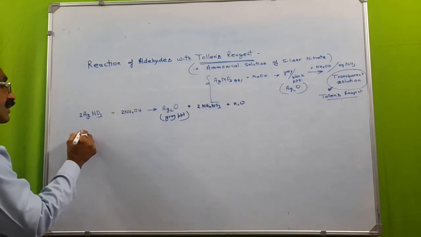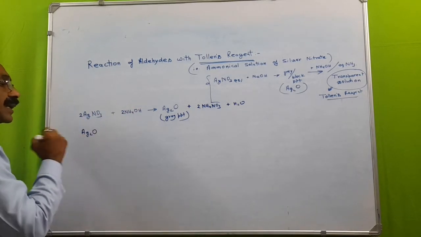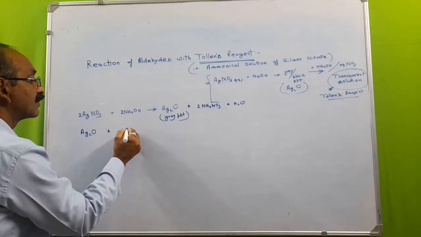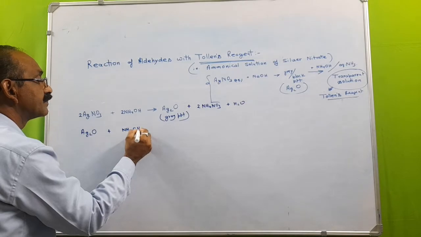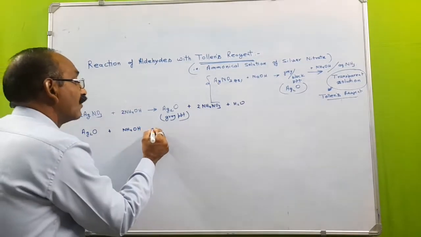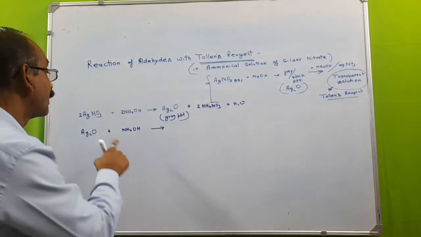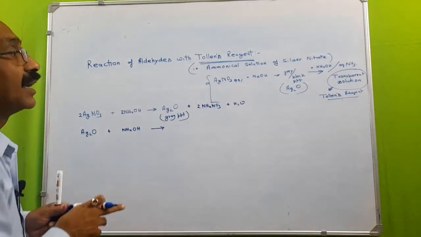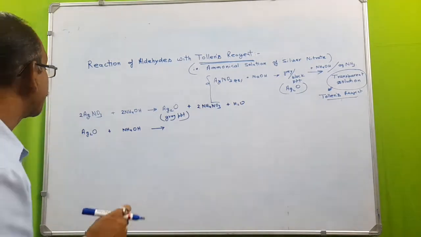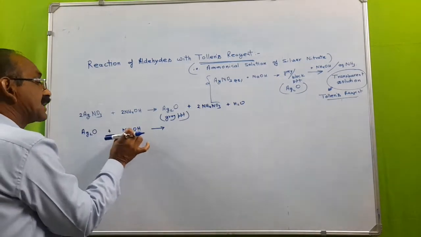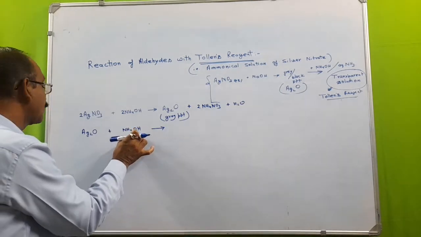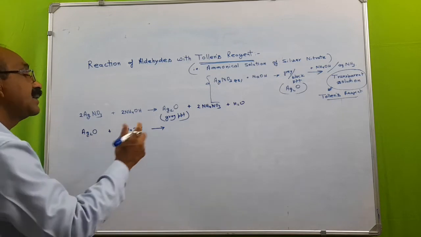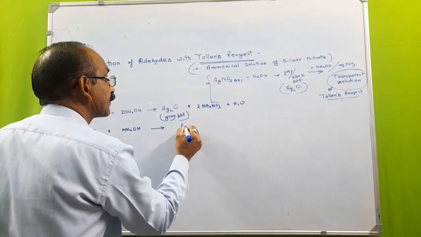Now this silver oxide, being a transition element, will form a complex. When ammonium hydroxide, meaning aqueous ammonia, is added, this aqueous ammonia or ammonium hydroxide will react with the silver oxide and will form a complex.